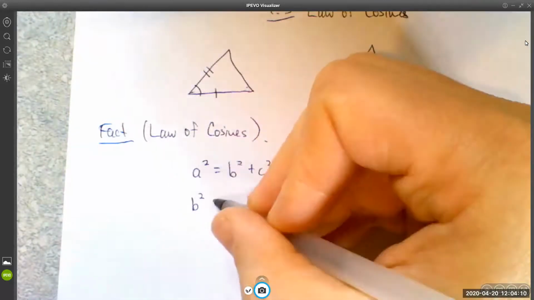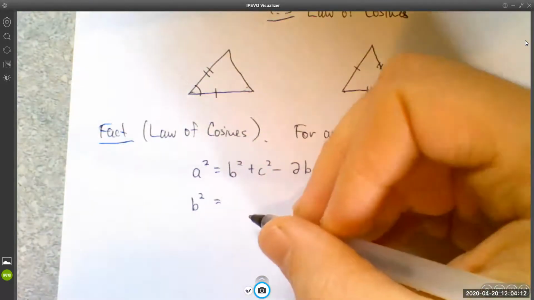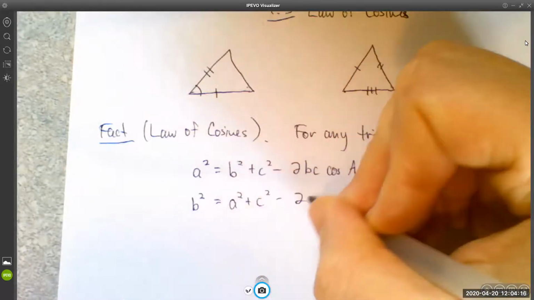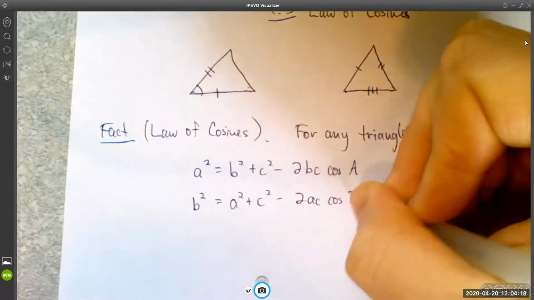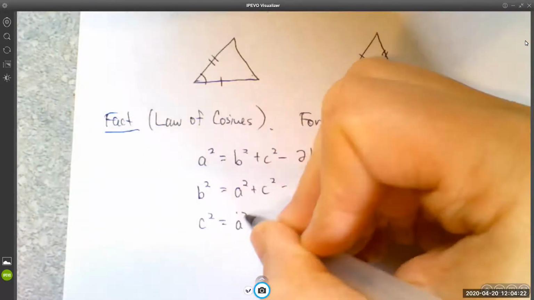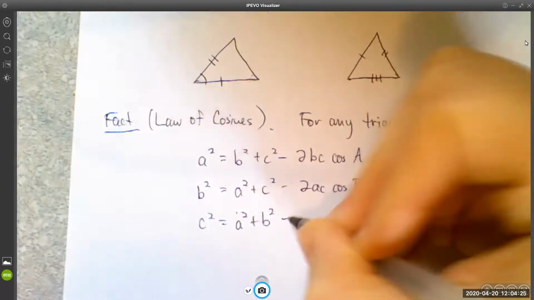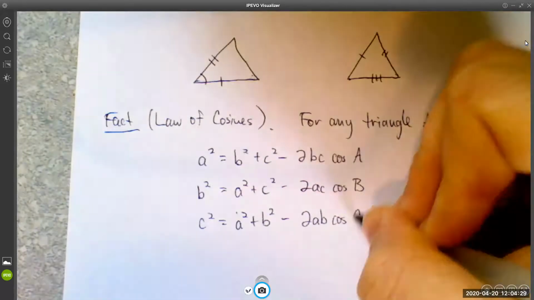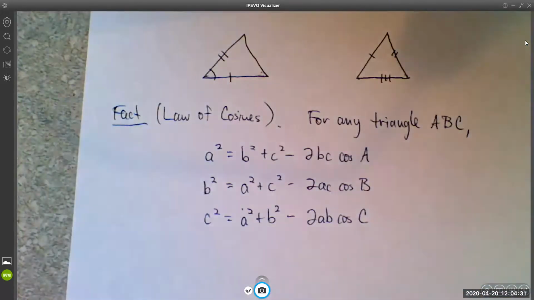We also have two other statements that are true. So b squared equals a squared plus c squared minus 2ac cosine B. And c squared equals a squared plus b squared minus 2ab cosine C.